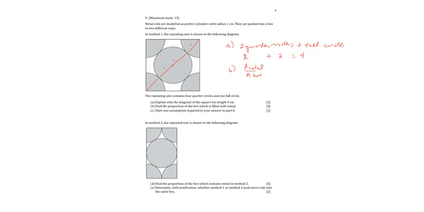Since this one is equal to 4, so the whole thing is 4. Let's call this x and x. The area is equal to x squared.